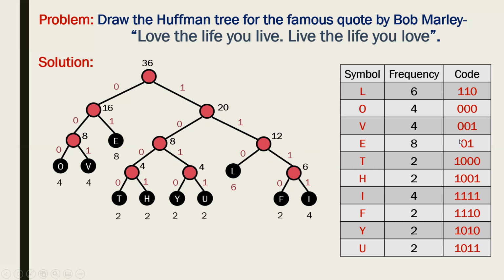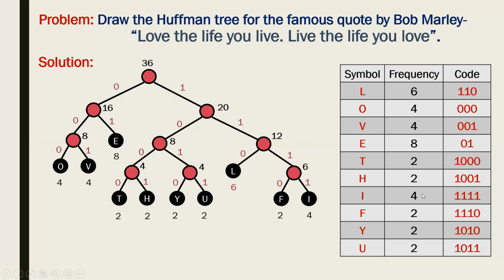Therefore, we have to represent E with the least number of bits. So the least is 2. And as the next symbols, the frequency of L is 6 and of O and V is 4. Therefore, we get an extra bit in these codes.